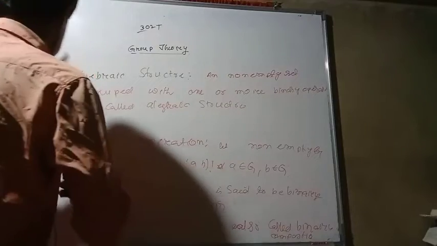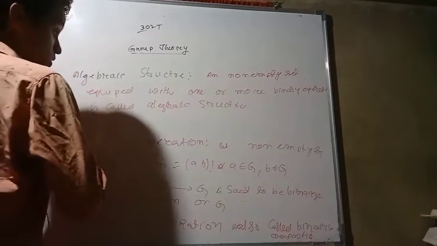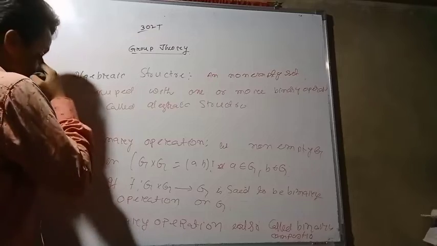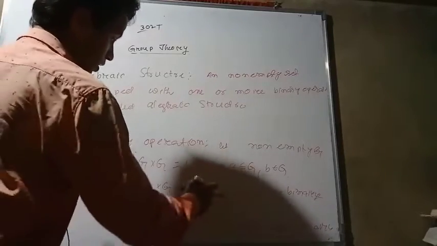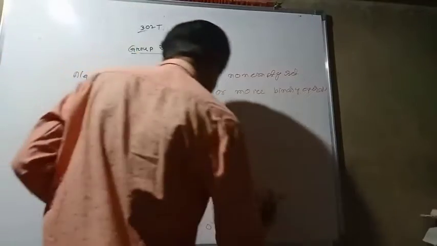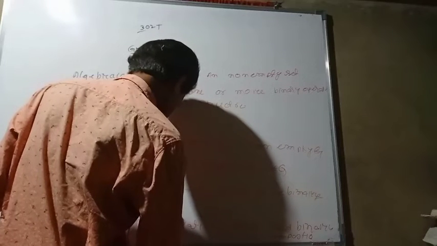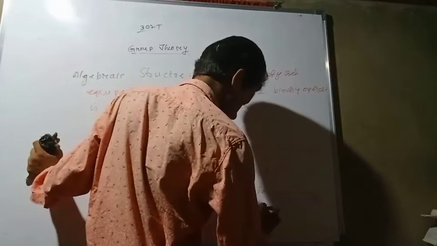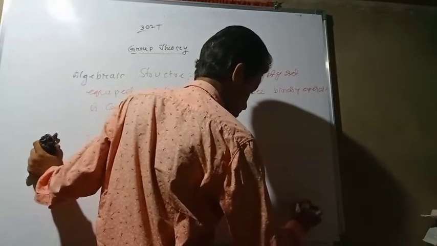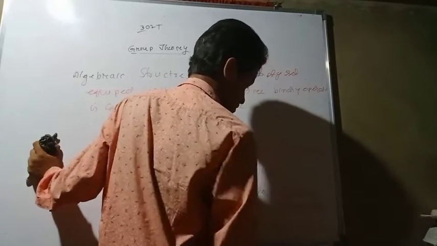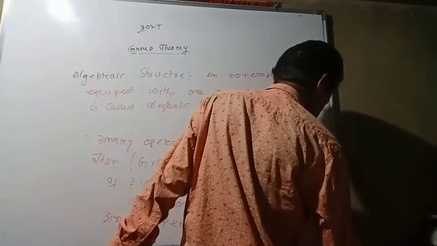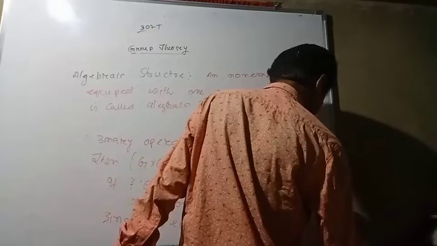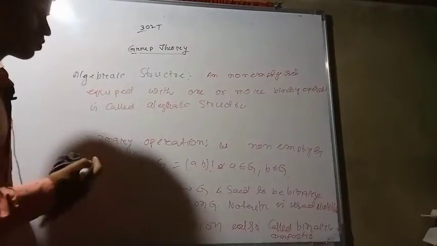The notation for a binary operation on G is used multiplicatively. So basically this is the definition that we have learned.